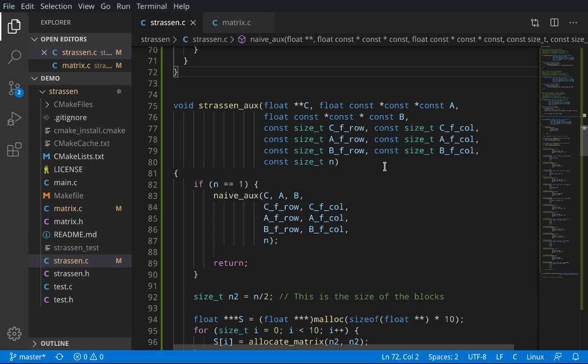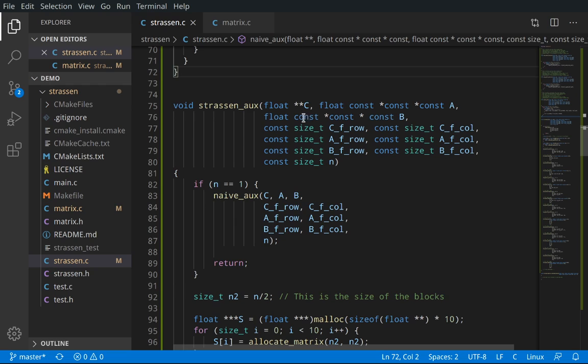Instead of building a new matrix, we add two parameters per matrix, which tell us the first row and first column we want to deal with inside the original matrix. Moreover, we need the size of the submatrix we want to deal with, and in this way we are basically defining a view of a submatrix.